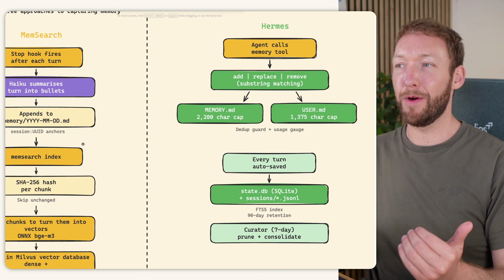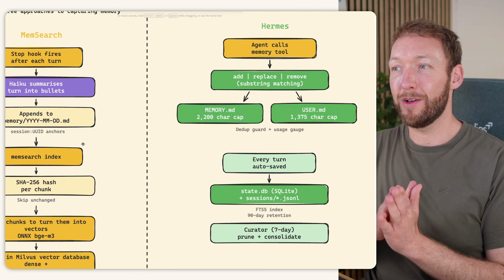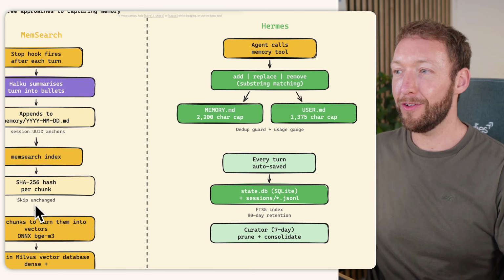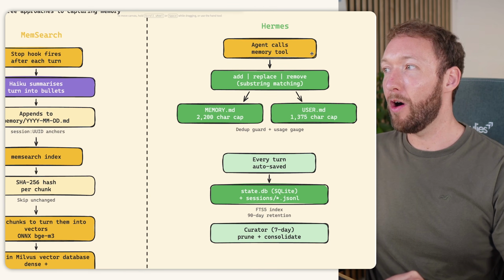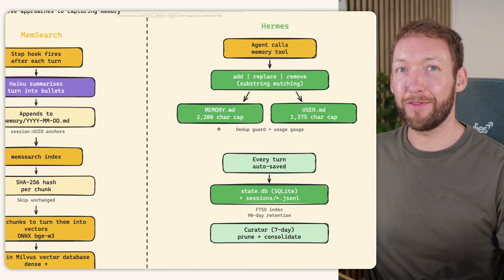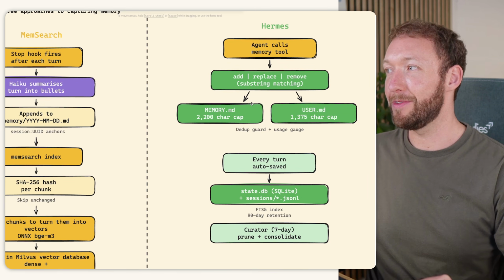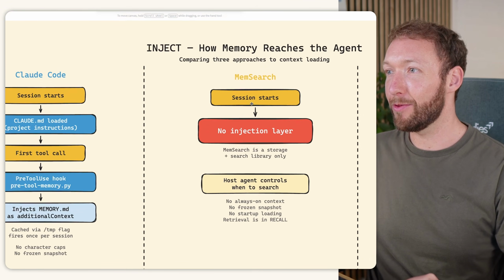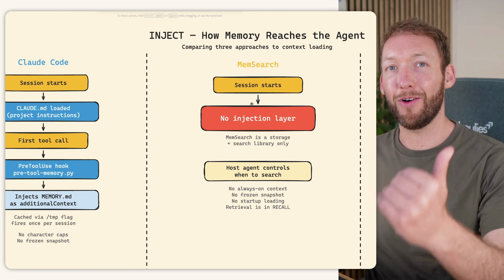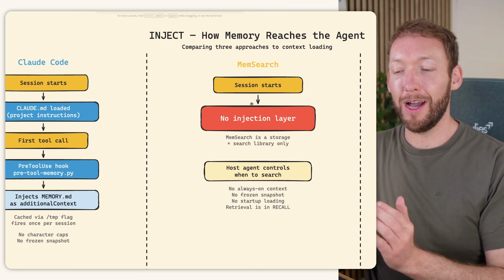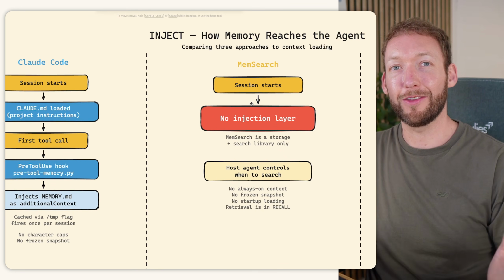Take the best of both, so we've got a long-term search from this embedded vector database that we can search by meaning, but also the power of choosing specific information to store in memory.md and user.md, so that when we come to the injection phase, we can push that information into our context without having to search through a load of raw, uncurated transcripts in the background.